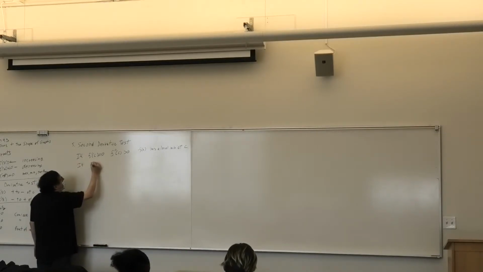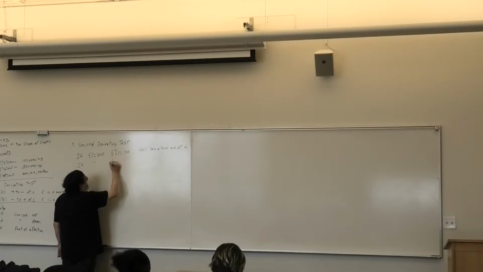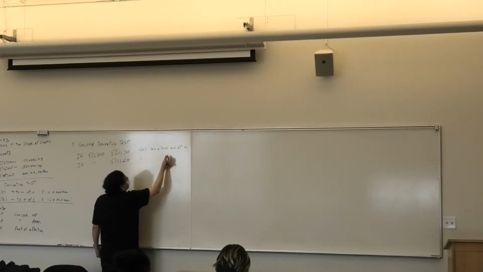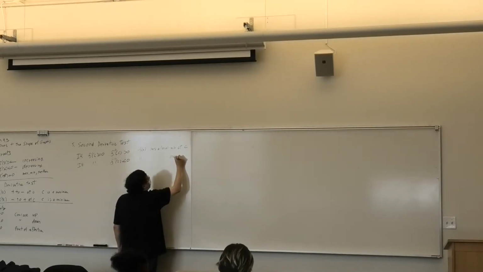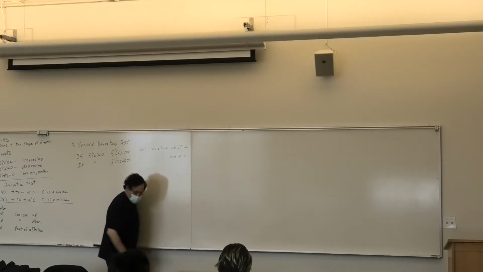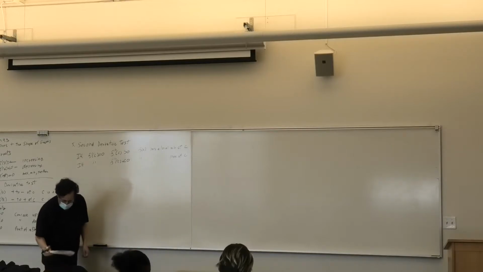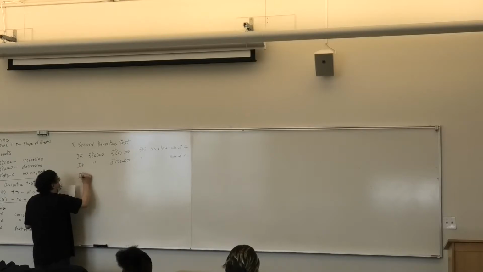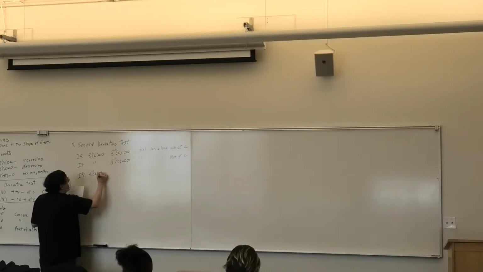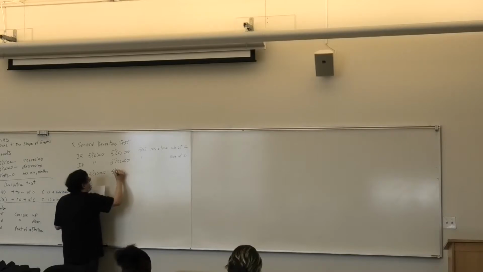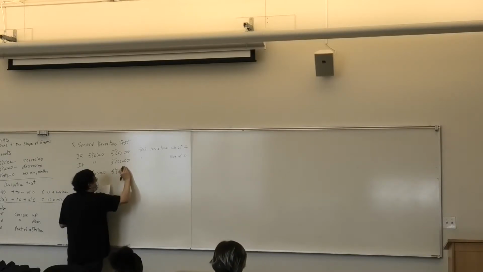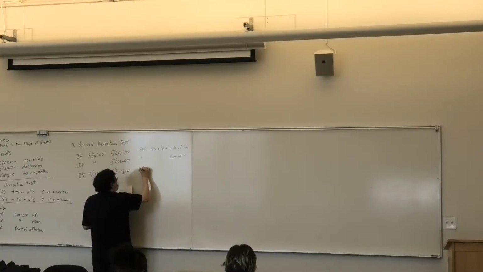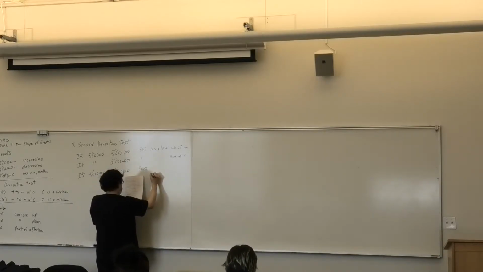Likewise, if the derivative is 0 and the second derivative is less than 0, for the same reasons, we have a max at c. And if the derivative is 0, and the second derivative is 0, then again we have a point of inflection.